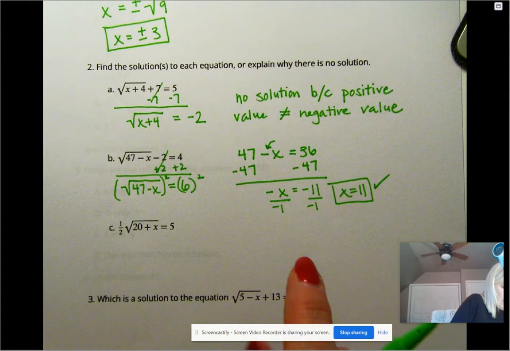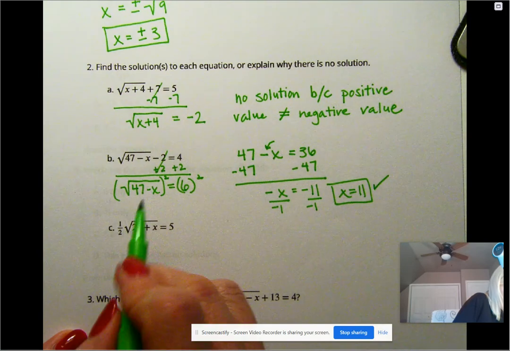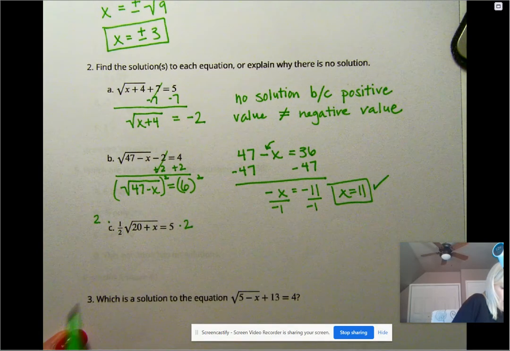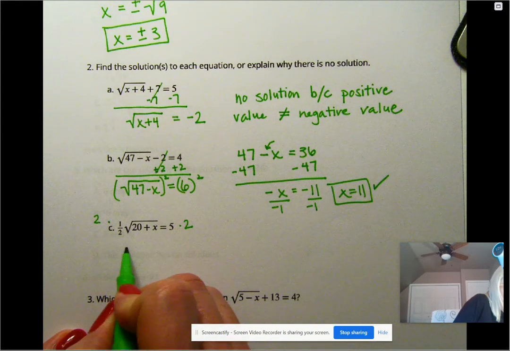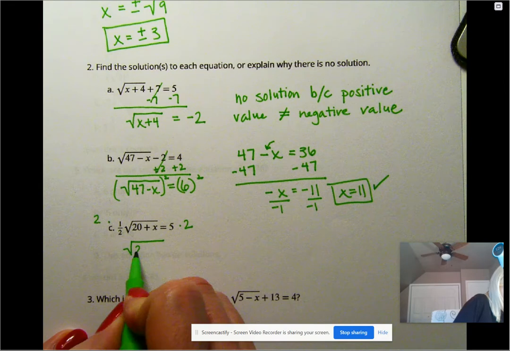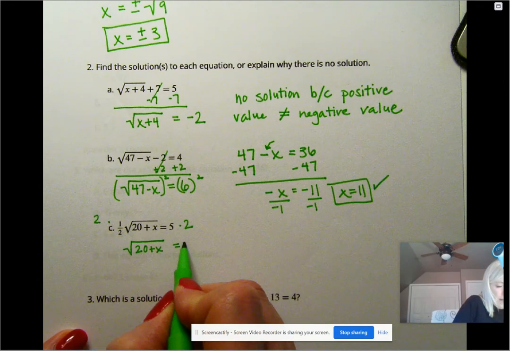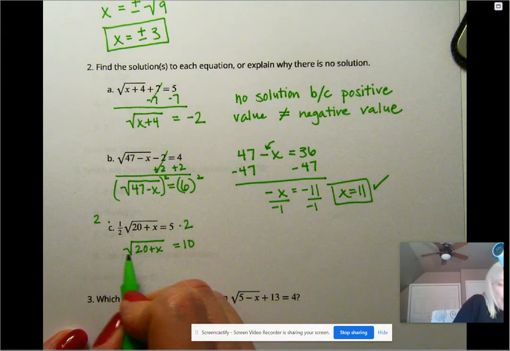All right, on C, I'm going to isolate this radical by multiplying both sides of the equation by 2, because it's 1/2 times that, so multiply by 2. We get the square root of 20 plus x equals 5 times 2 is 10. Okay, so the radical is isolated.